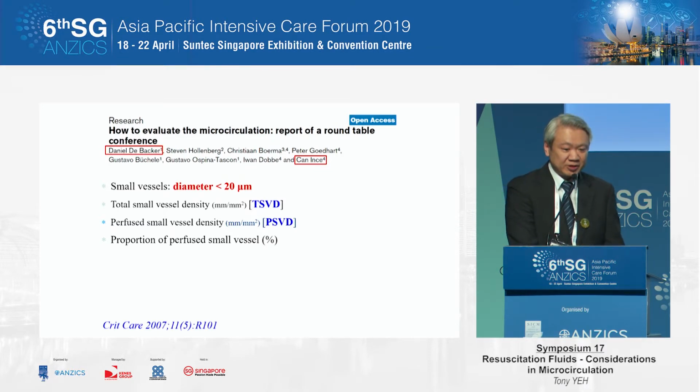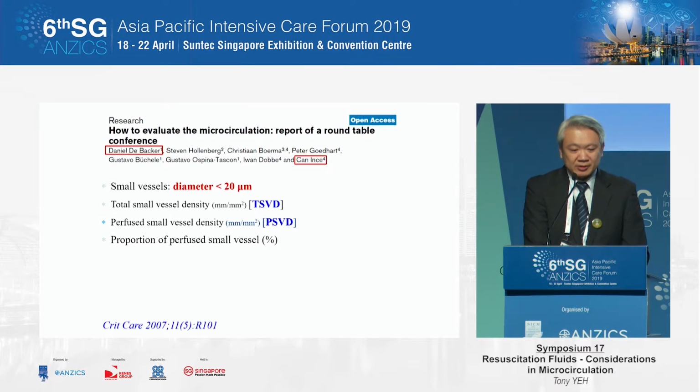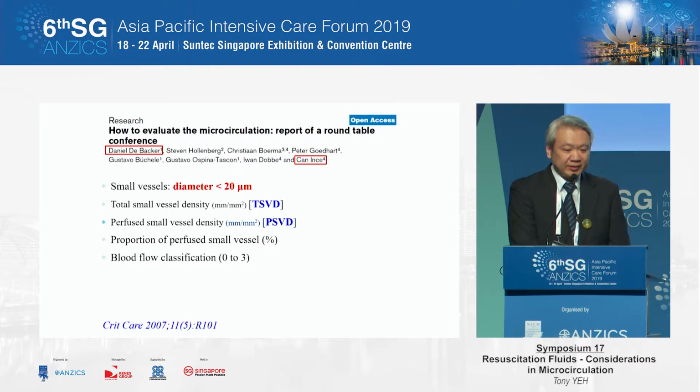That's the most fluctuating step when you are doing microcirculation research. If you have perfused small vessel density and total vessel density, you can just divide them and have the proportion of perfused small vessels. And you have a definition of blood flow classification, and it looks like this, to make it simple.